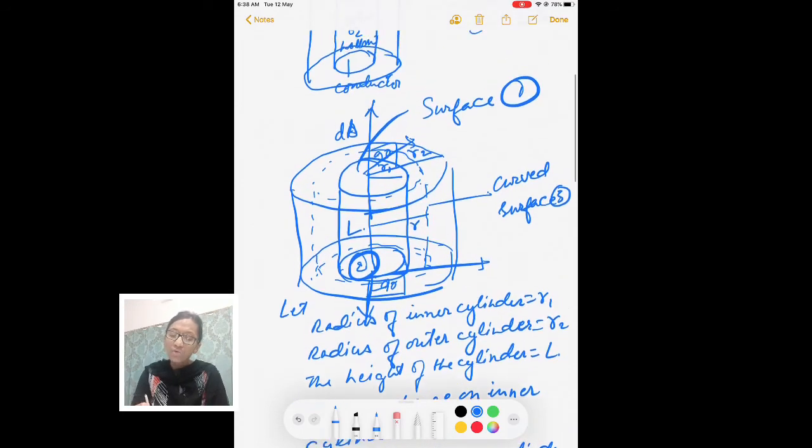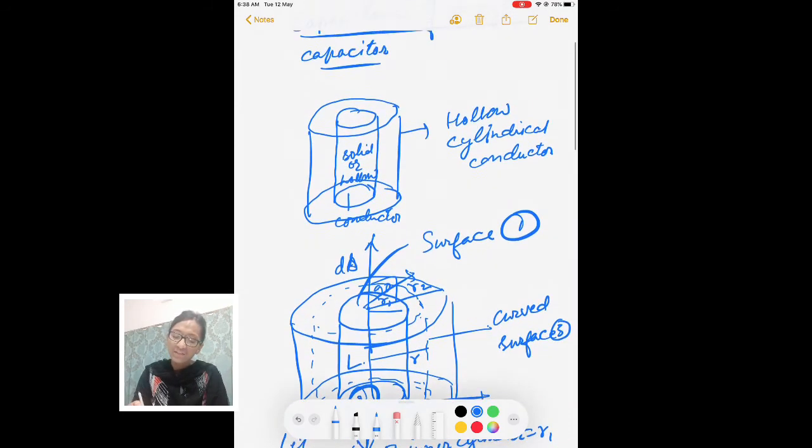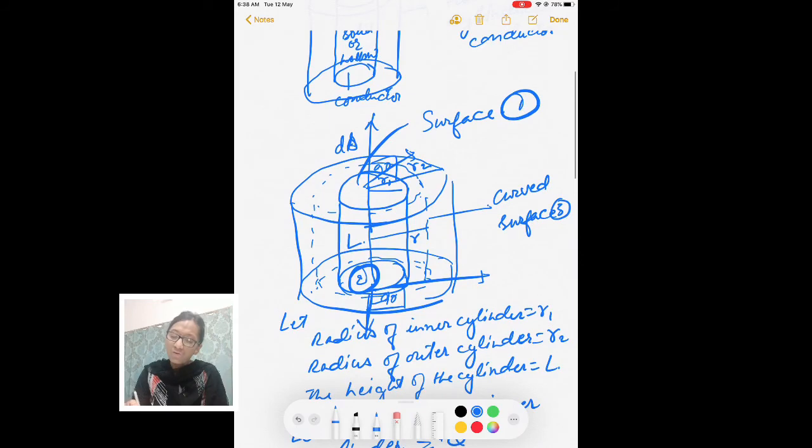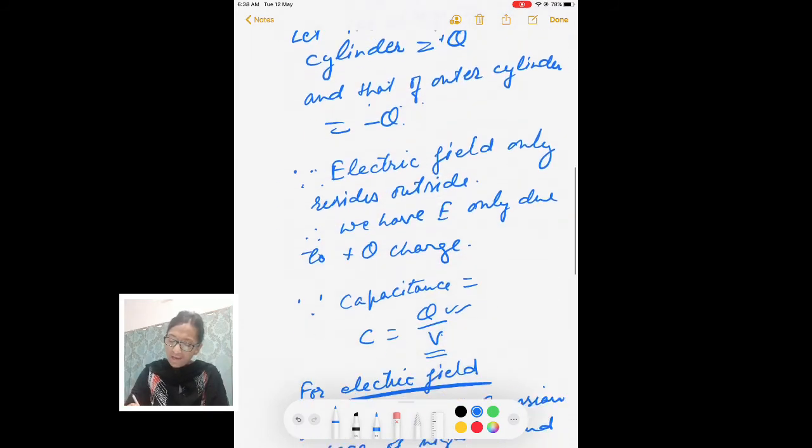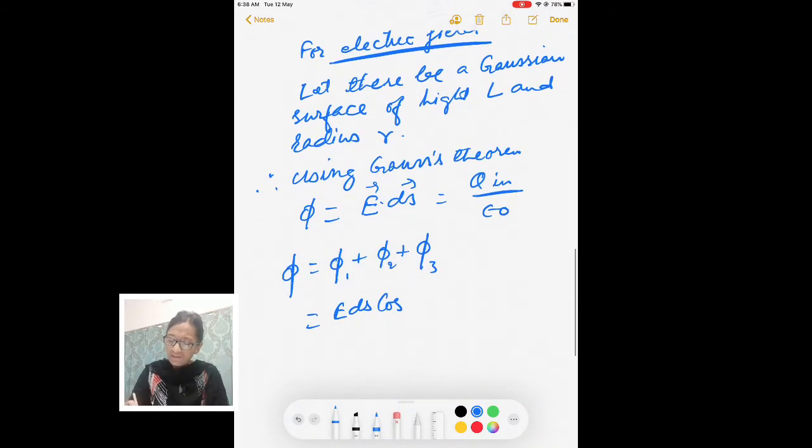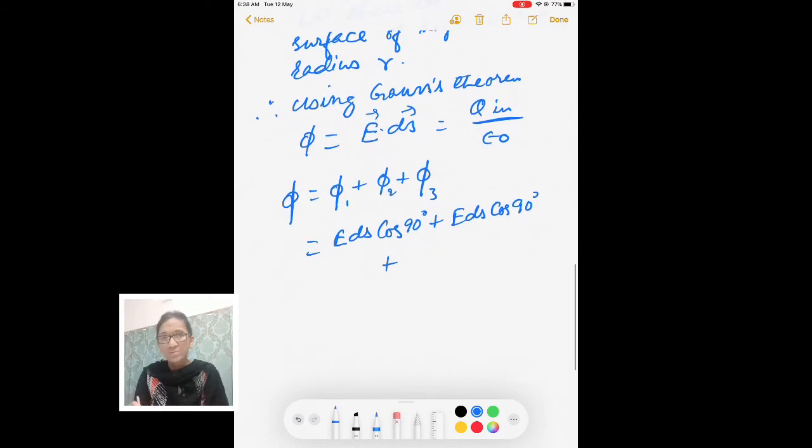So along the two circular surfaces, 1 and 2, cos theta is cos 90, and flux through the curved surface is equal to E ds cos 0, and this is Q enclosed upon epsilon naught.